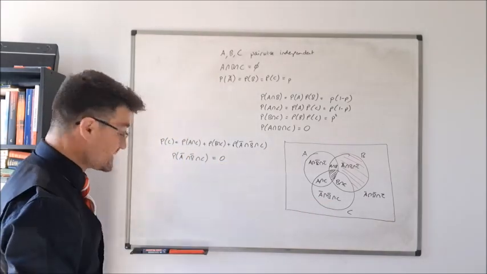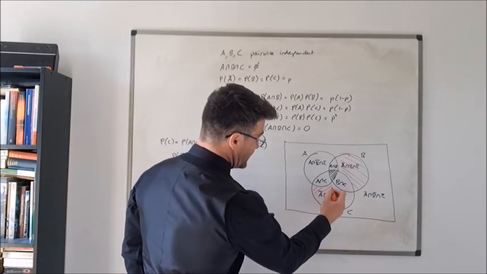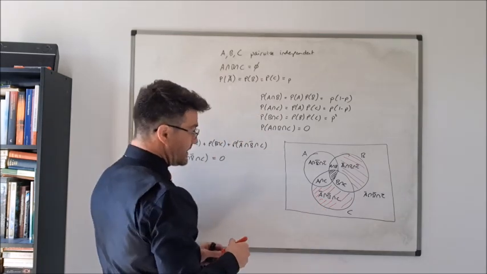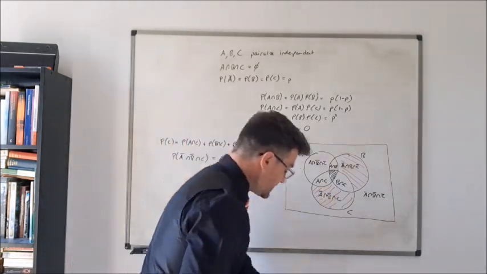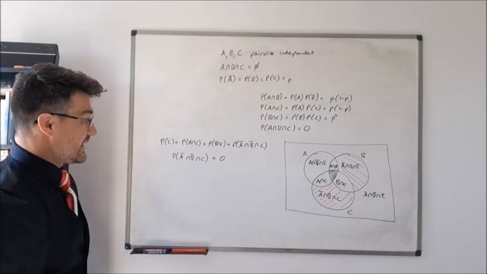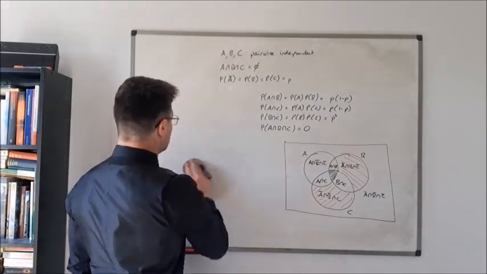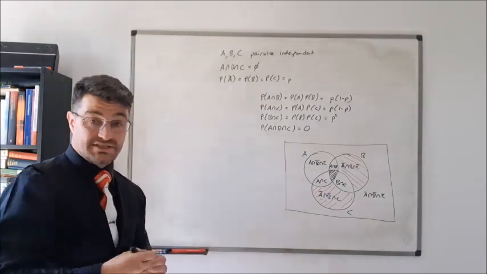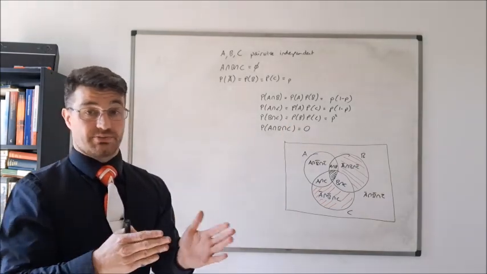Okay, things are not looking good, right? Because I'm getting that all of these probabilities are equal to 0. These events are effectively the empty set. But we've still got one chance to go. As it stands, all we know is that P is going to be somewhere between 0 and 1.